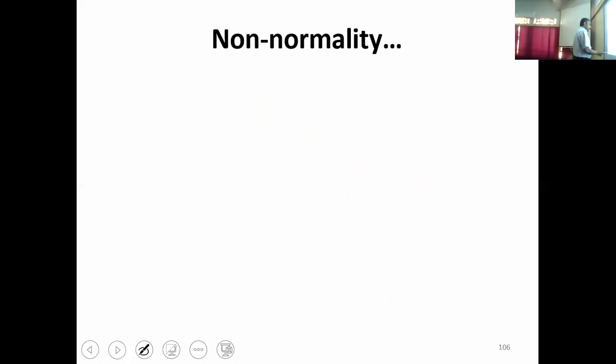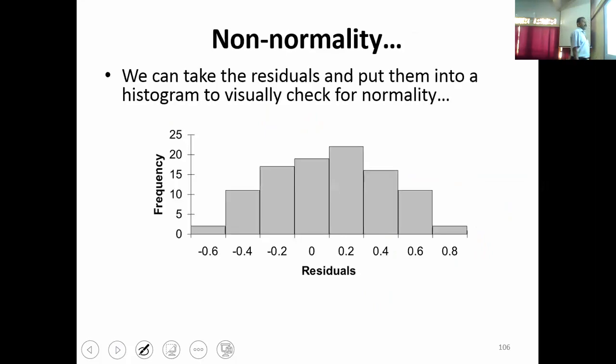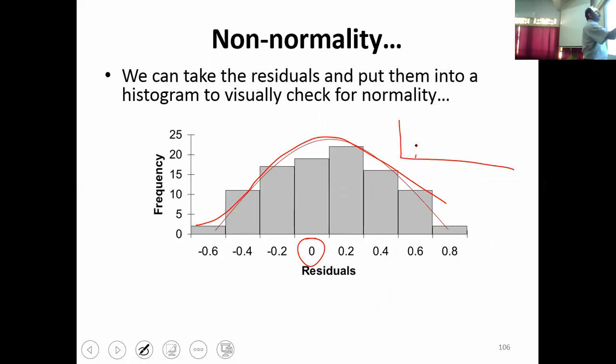Right. The normality of the error term that we have learned, right? This is the mean of 0, and it has a normal distribution as such. So it has to be like this, right? Suppose you have a situation like this, so this is the mean.